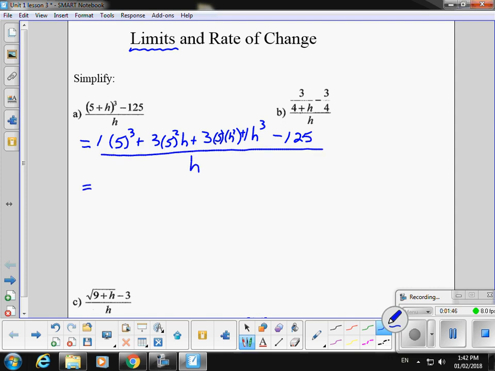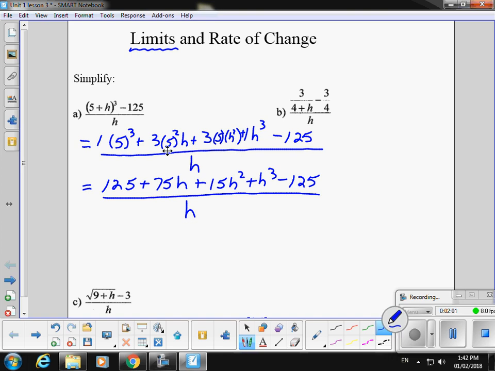Let's write it so we can read it. We have 125 plus 75h plus 15h squared plus h cubed. Subtract 125. Oh, cool. What do you know? My 125s disappear.